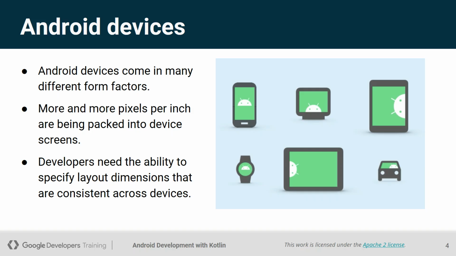So pixels differ, and these pixels per inch are being packed into a device screen. So that means the level of the screen, whichever type of screen you are using. We have LG, we have LED, we have QLED, we have so many of them.